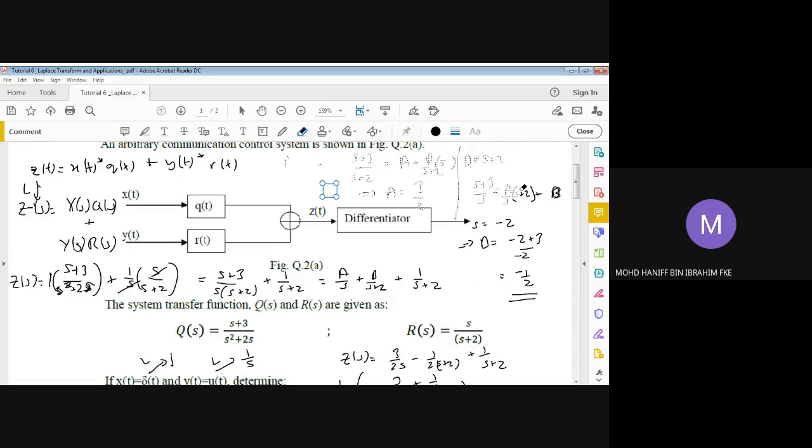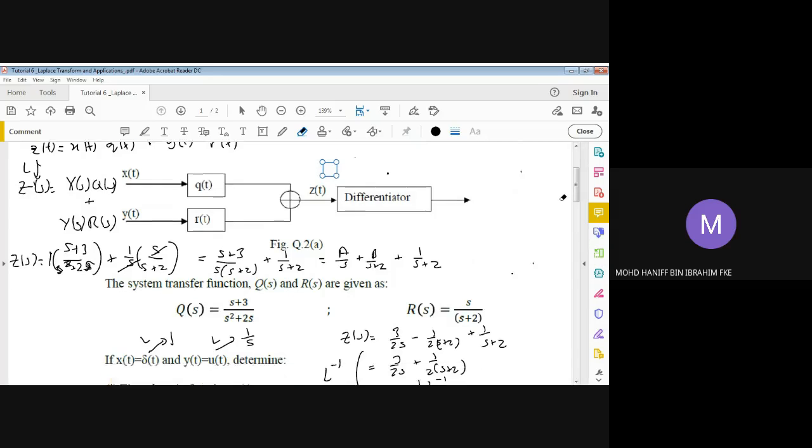Okay, so we need to find the Laplace transform of the differentiator output as stated here.